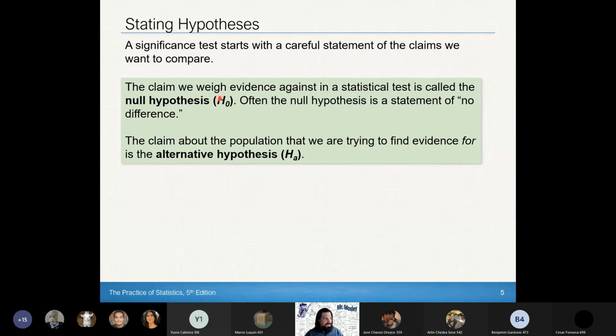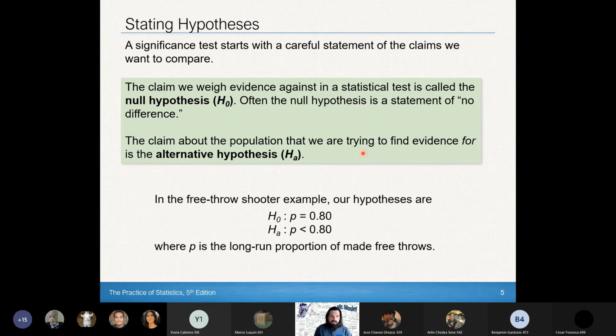We notate that as H sub 0, or say H naught. Often the null hypothesis is a statement of no difference. Right? H 0, 0 is no, nothing. The claim about the population that we are trying to find evidence for is the alternative hypothesis, H sub A, for alternative.